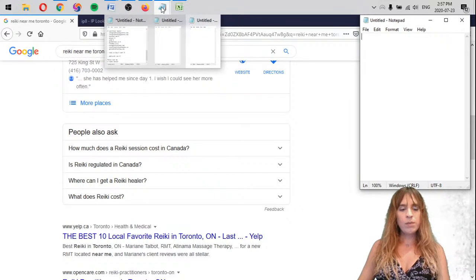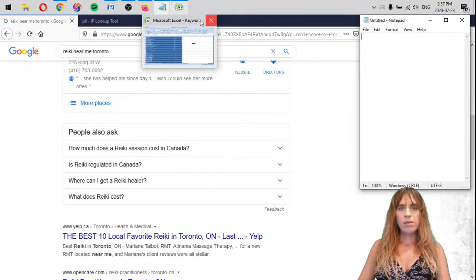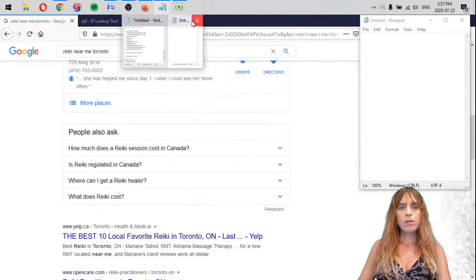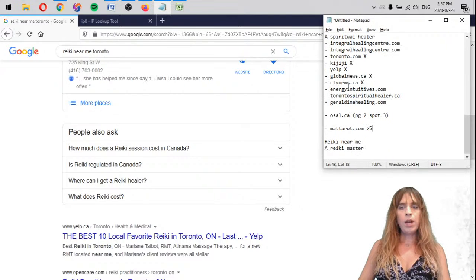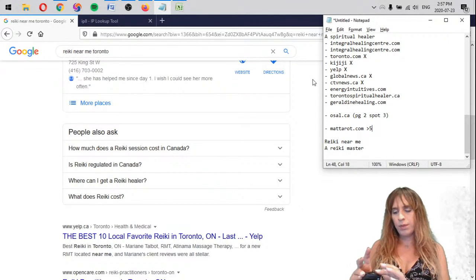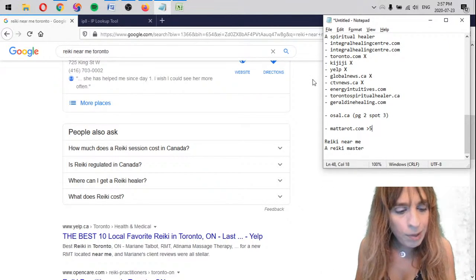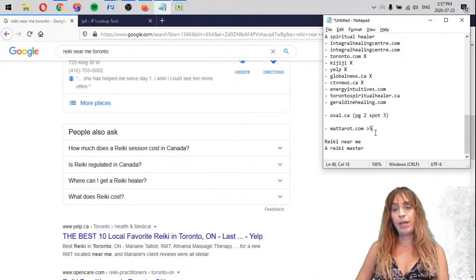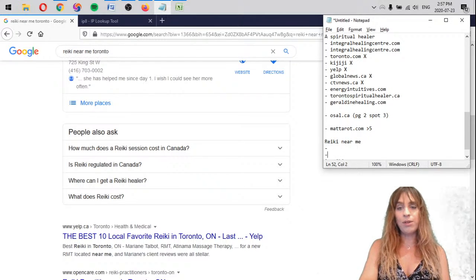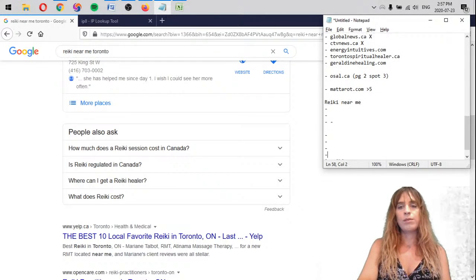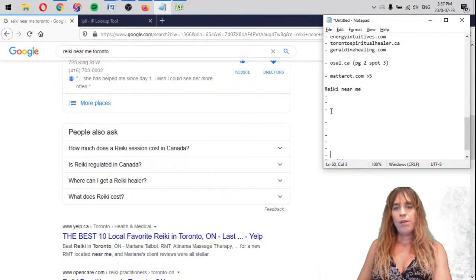Oh no, wait. What's happening here? There we go. Okay. Oh, my shift button got stuck down. Thank God, I did not want to have to do all that research again.